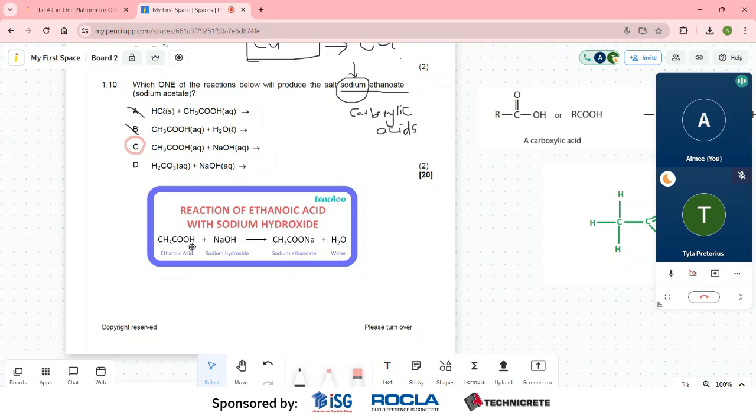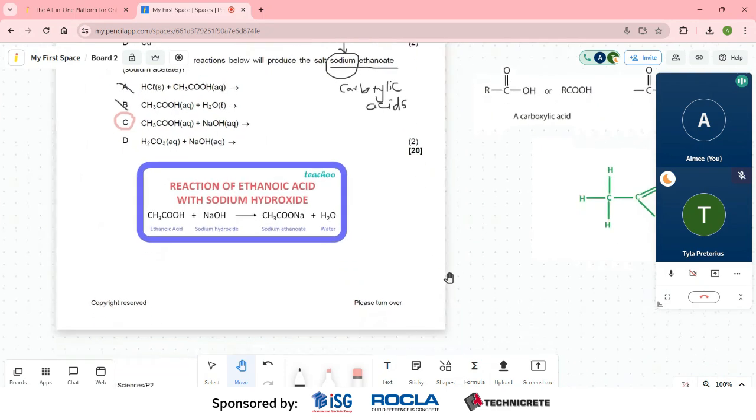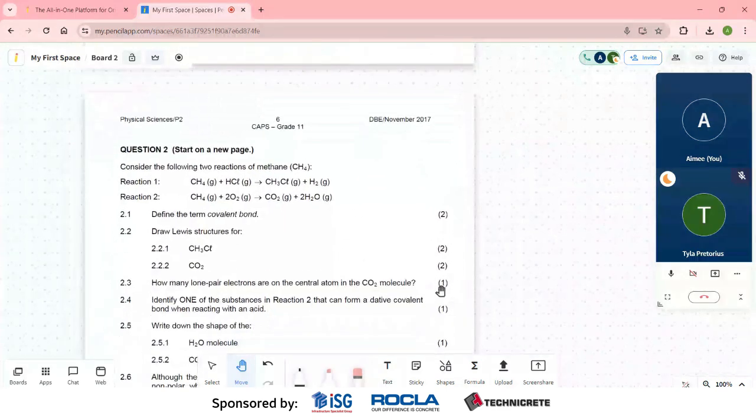Because the hydrogen from my ethanoic acid is donated because it acts as an acid. The NaOH splits up into Na and OH. My Na then bonds to where the hydrogen left, and the H that left goes and bonds to the OH to form water. Hopefully that was helpful. It might just be easier to see the whole equation like this.